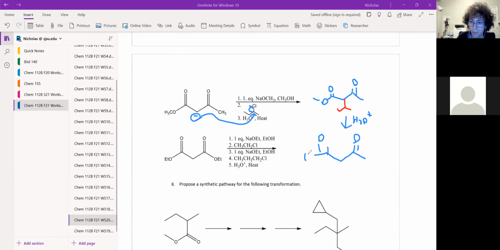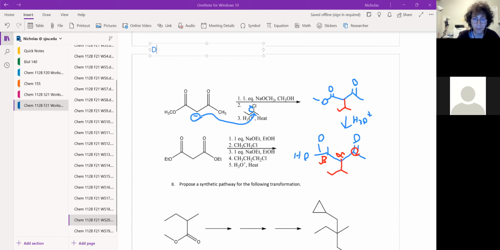The ester is turned into a carboxylic acid. And again, if you're looking at the ketone, this is alpha, that's beta. So the carboxylic acid is beta to the ketone. We're heating it so we can do decarboxylation.